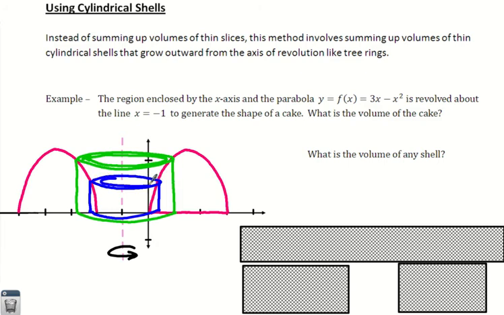Again, it's this infinite number of shells working from the inside out, all fitting inside of each other. So there's an infinite number of these shells, right?